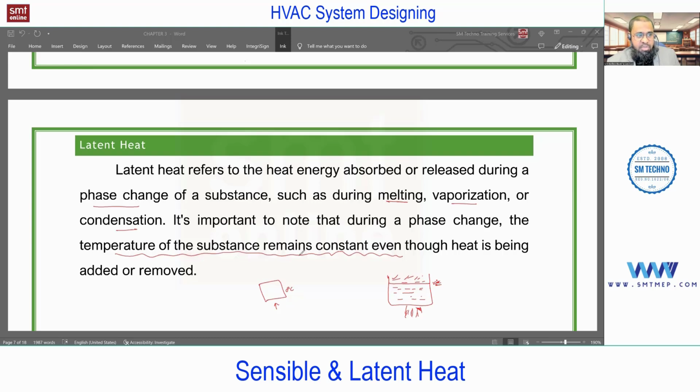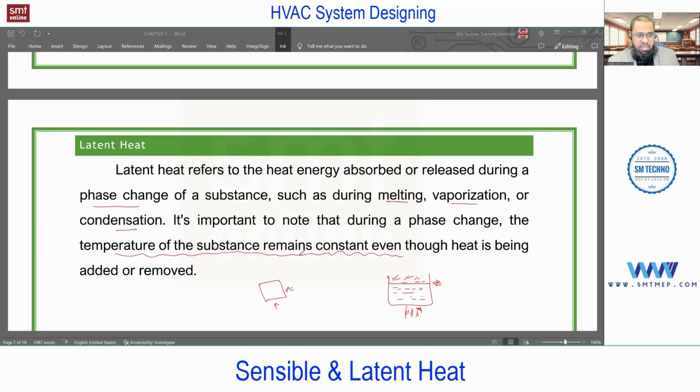Yes, if I use the term air, by default I'm talking about moisture as well as dry air. Dry air refers to the sensible and the moisture refers to the latent, because that moisture we need to extract and condense on the cooling coil to decrease the humidity level in the space. So that condensation is required. So that is the change of phase: the moisture inside the space is going to condense on the cooling coil.